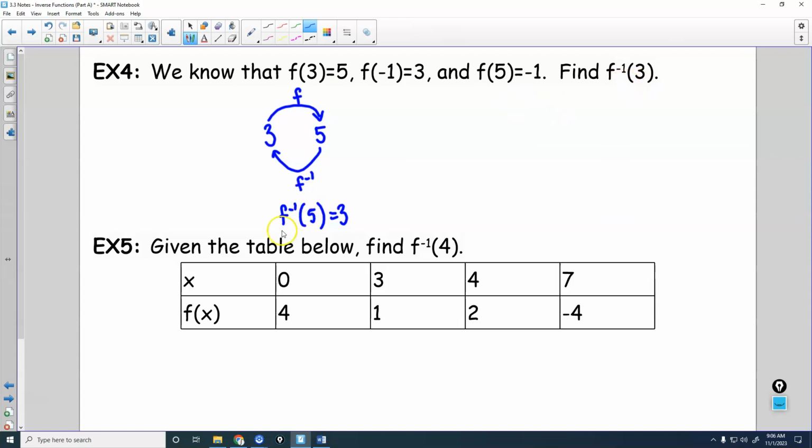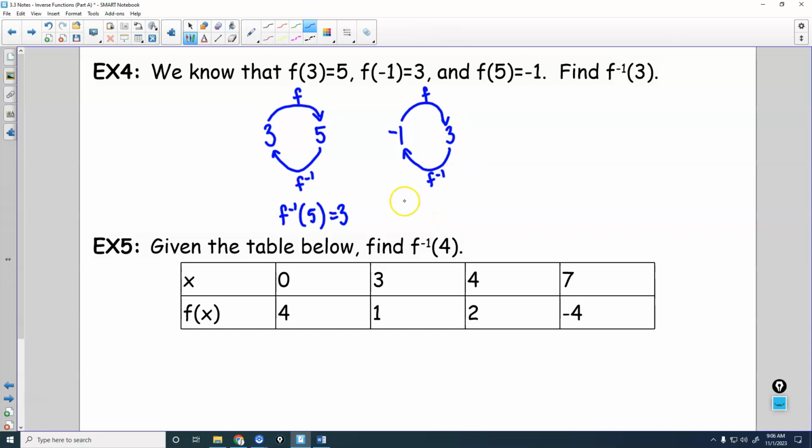So f inverse of 3, this piece of information right here does not help us to find f inverse of 3. If I think about this one, -1 and 3, f tells us that if we plug in -1, we get 3. Well, f inverse is the opposite of that.